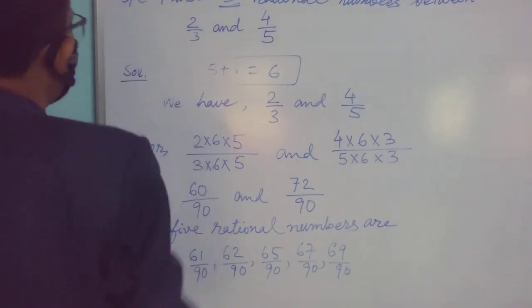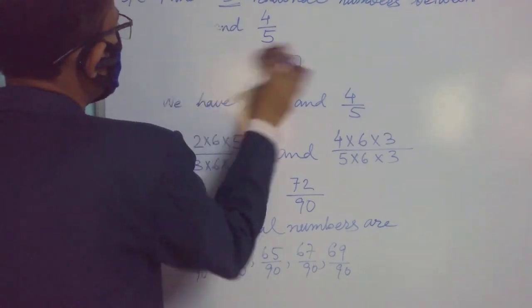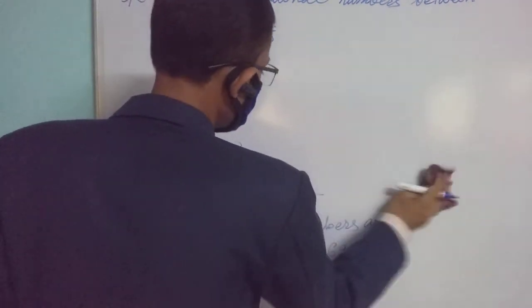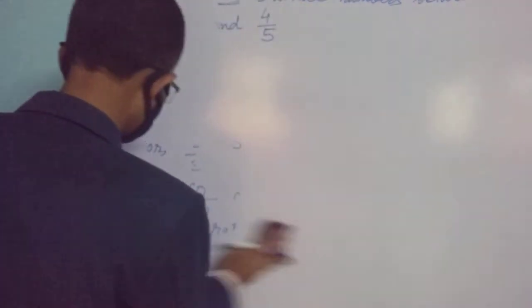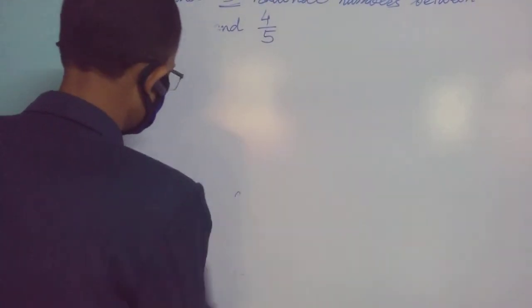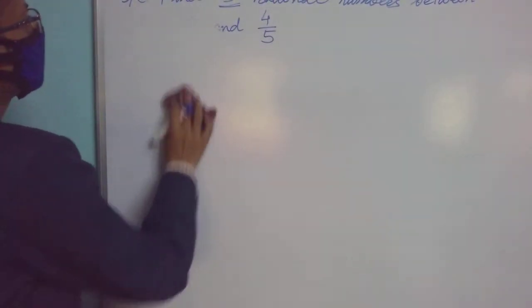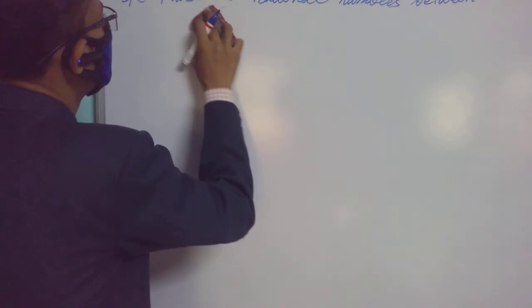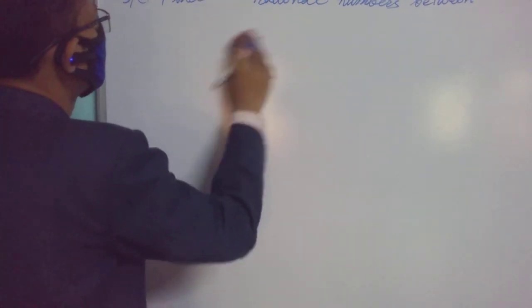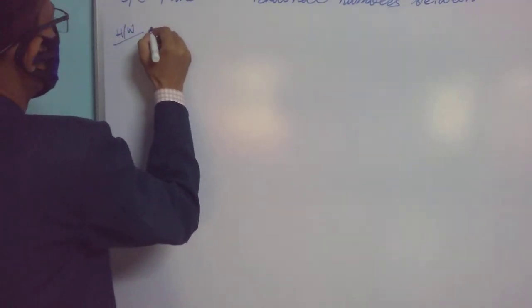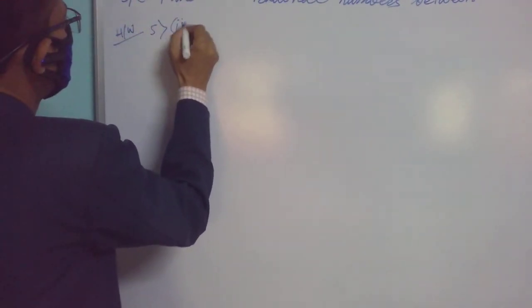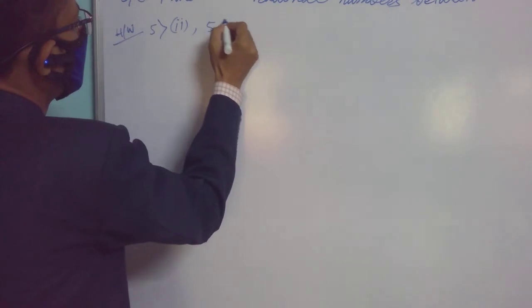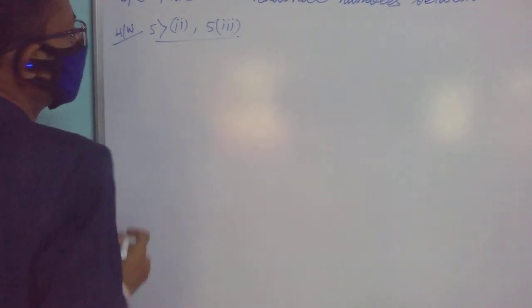I'm going to solve those questions here. So it's your homework. If you are not done, then 5/2 and 5/3, these two are your homework if you are not done.